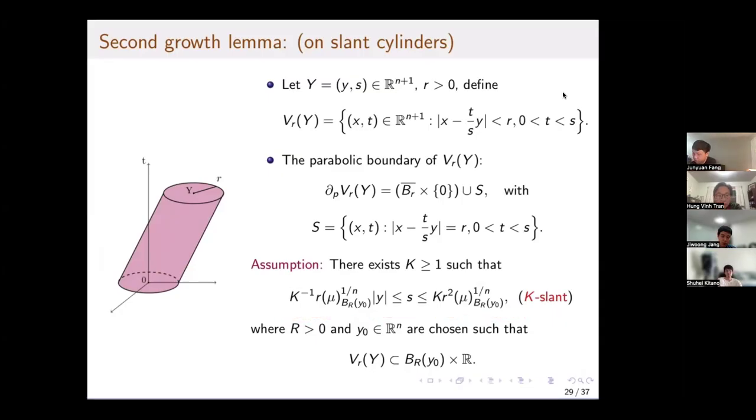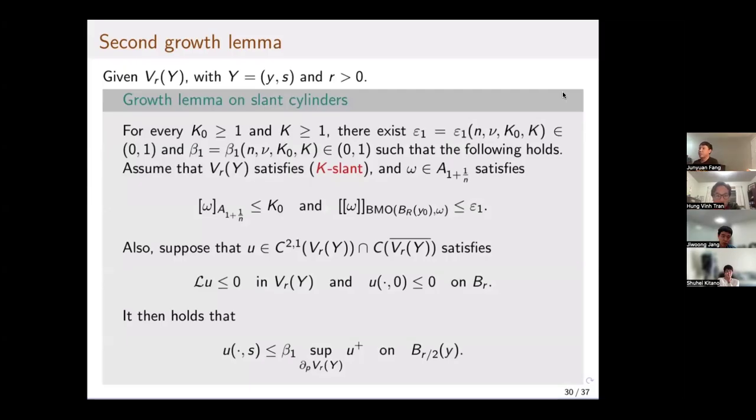All right, let's go to this guy. So this second growth lemma on the slant cylinder says for this k not bigger than 1 and k bigger than 1, there exist epsilon 1 and beta 1 such that on the slant cylinder, if this one satisfies the K-slant condition and omega satisfies the first condition and the second condition, then U is a sub-solution on the slant cylinder, also on the base, less than 0.